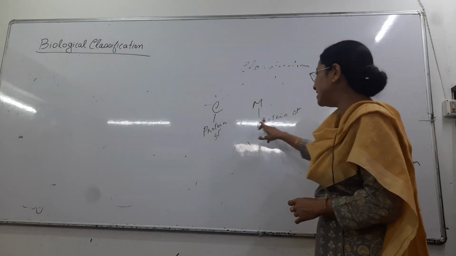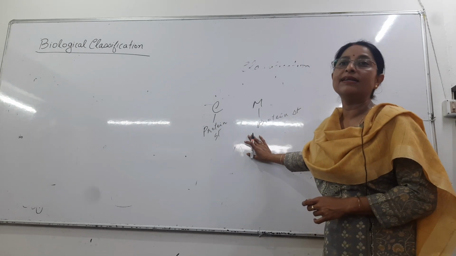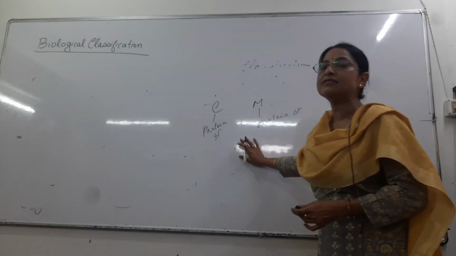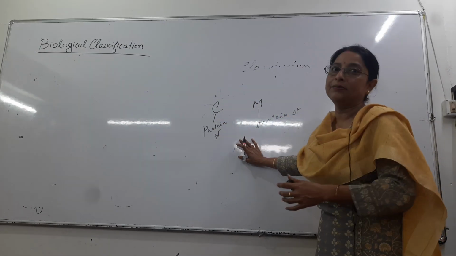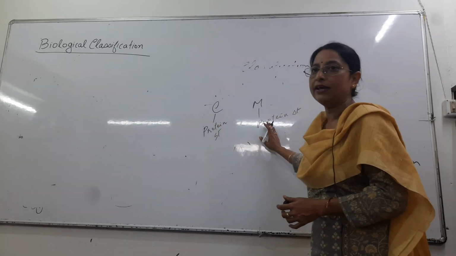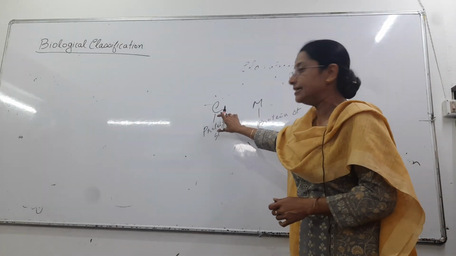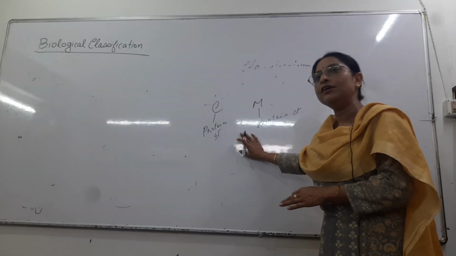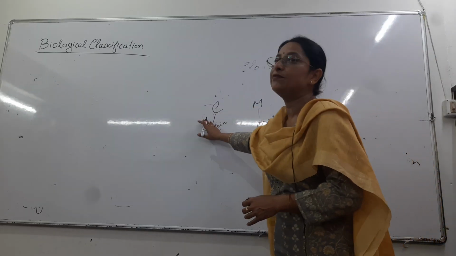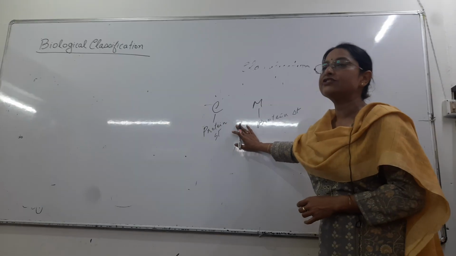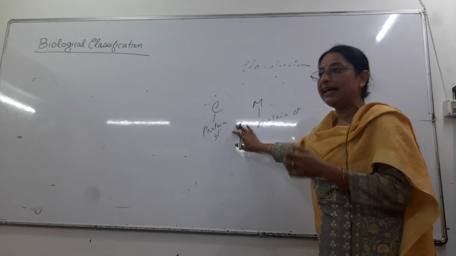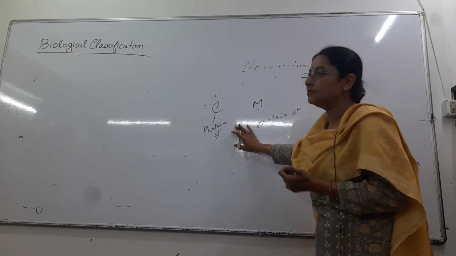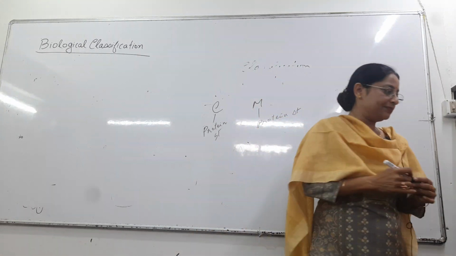When they compared this and this, they found some similarities and some dissimilarities. So if basic similarities are found between two organisms, it is concluded that maybe one evolved from the other. If one is fully different from the other, there will be no relation between them. If the protein structures are the same, not exactly the same but very similar, then we believe that this organism might have evolved from this. Is the point clear? So by studying protein structure, you try to classify, and that study of protein structure is called serology. Who has given the concept? Carlmans, right? Next one.